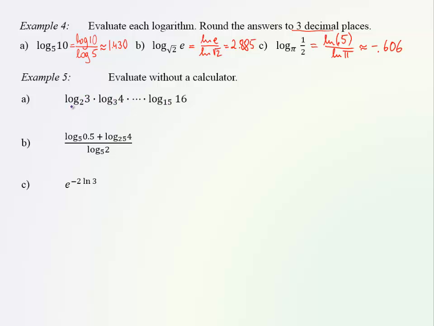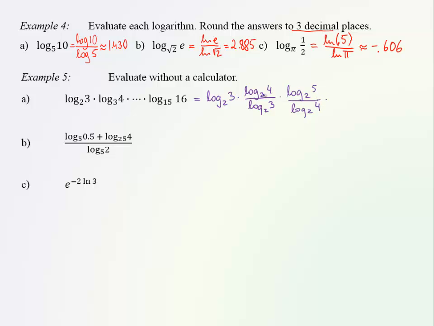What could we do? Let's see what will happen if I change all the logs into base 2. So the first one, rewrite as it is. The second one will be log base 2 from 4 over log base 2 from 3. The following one, log base 2 from 5 over log base 2 from 4.